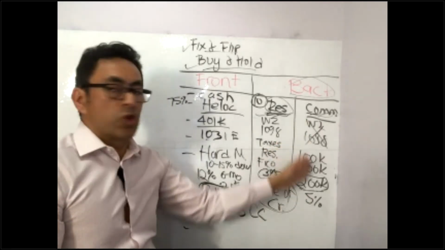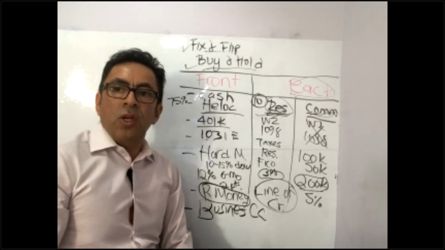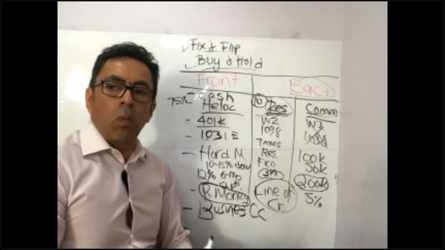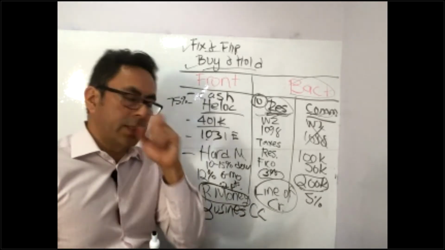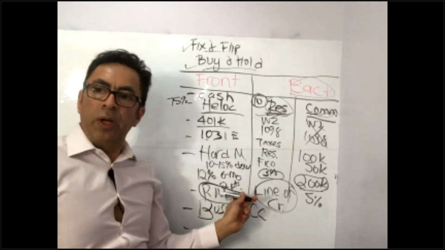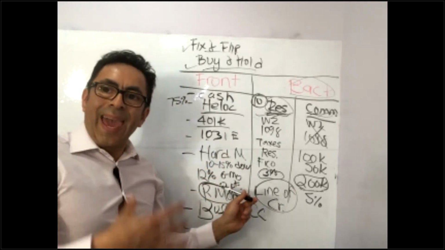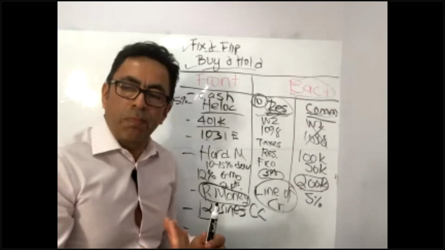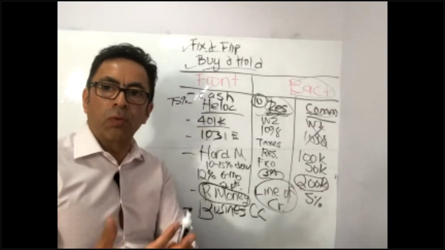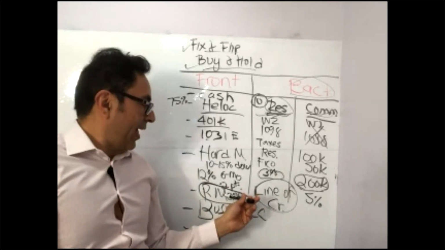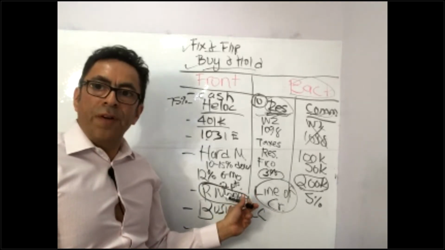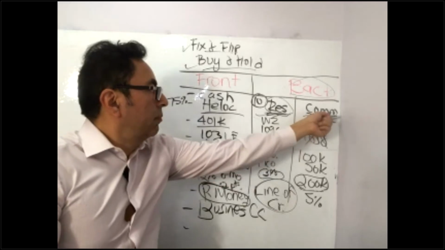So I love commercial because it's super fast. Let me tell you, what we've done lately is that we've used Harmony Lender, okay, and that's just on the upfront purchase. Once we stabilize the property, meaning that we rehab it and rent the property, they can offer you a commercial loan.